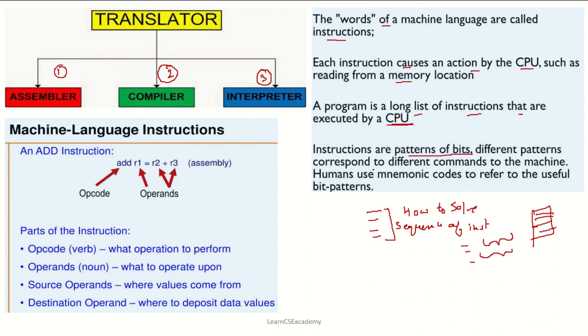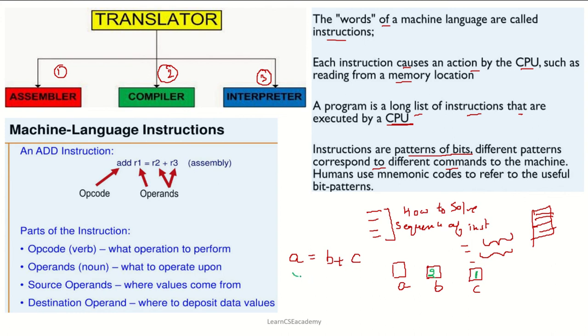Different patterns correspond to different commands to a machine. For example, we have a variable a in which we are storing the addition of two variables b and c. Variable a is empty, variable b has the value 2 and c has the value 1.